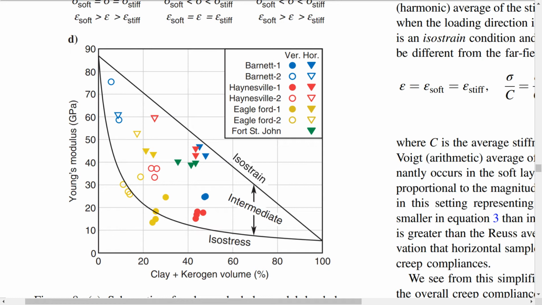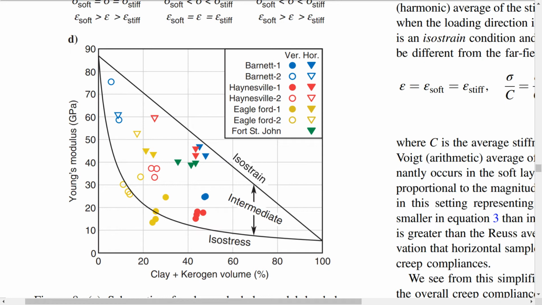So the more clay and kerogen you have, the lower the Young modulus is going to be. That's why those two lines are decreasing. And the less clay and kerogen you have, the stiffer your rock is going to be. So, more soft material, then lower Young modulus.